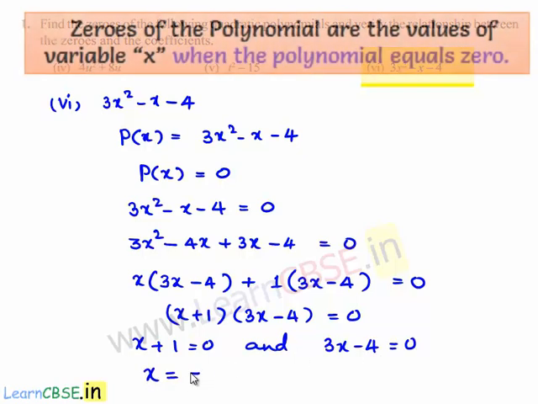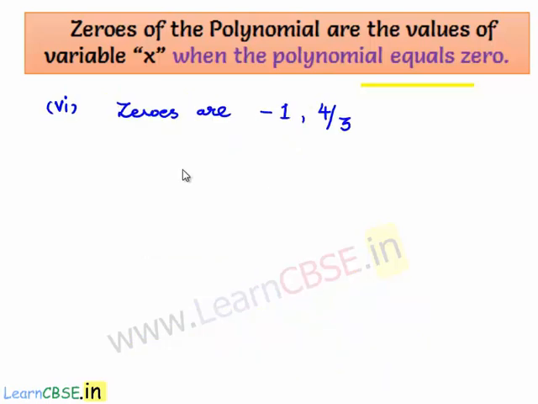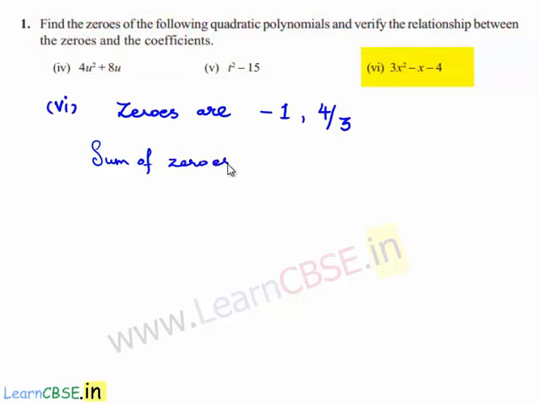This is x is equal to minus 1 and x is equal to 4 by 3. Now the sum of the zeros is equal to minus 1 plus 4 by 3. So this can be written as the LCM is 3 and minus 3 plus 4, which is 1 by 3.